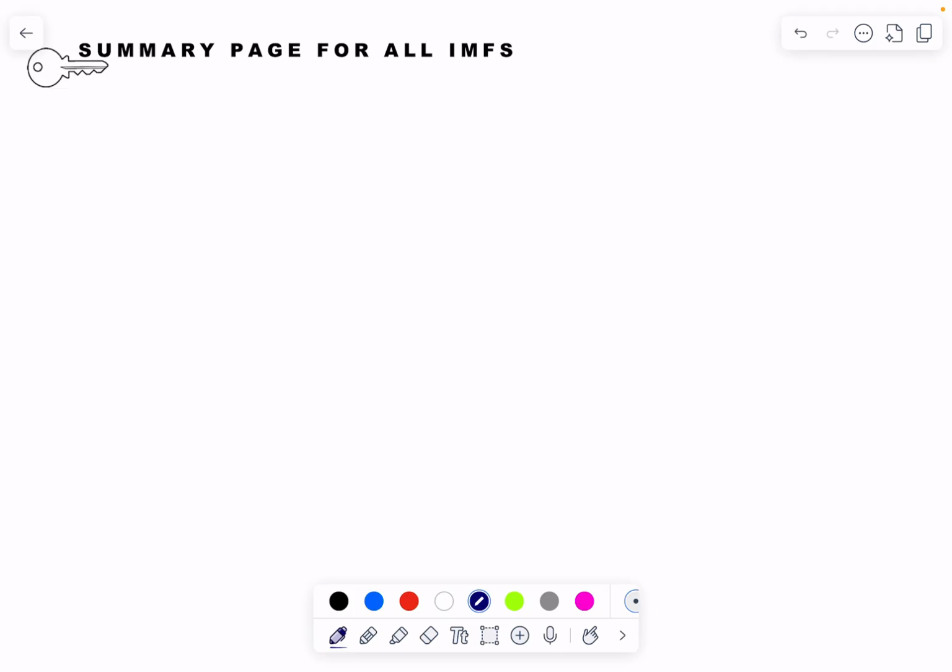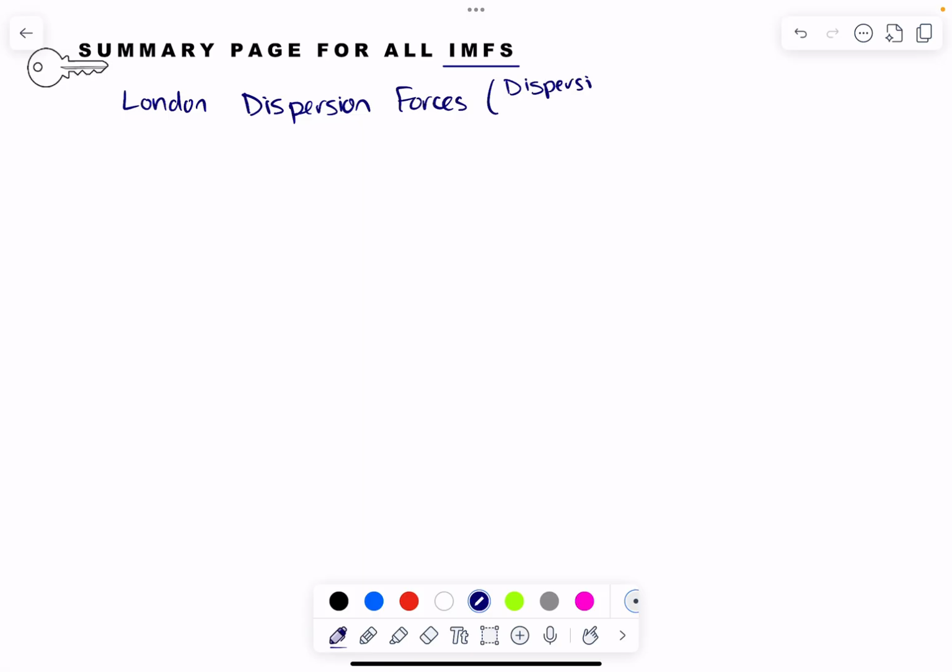So the first intermolecular force that I'm going to cover is going to be London dispersion forces. Now, London dispersion forces are sometimes called dispersion forces. And oftentimes, in the world of chemistry, it seems like almost everybody uses the term LDFs. Maybe you've even heard of them before.